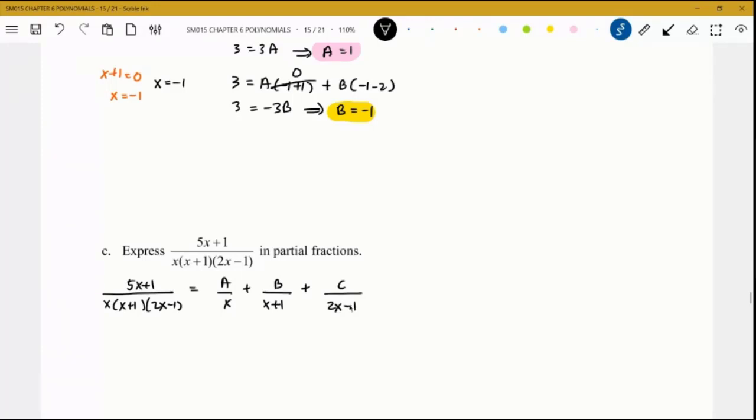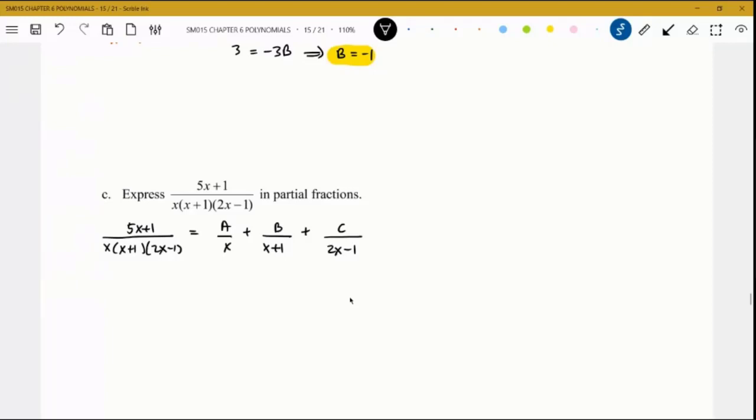Okay, so we need to make it as a one line first. So 5x plus 1. So untuk A, we already have the single x. So we need x plus 1 and 2x minus 1. So A multiply with x plus 1, 2x minus 1. Okay, B nak darab dengan apa? Kita dah ada x plus 1.